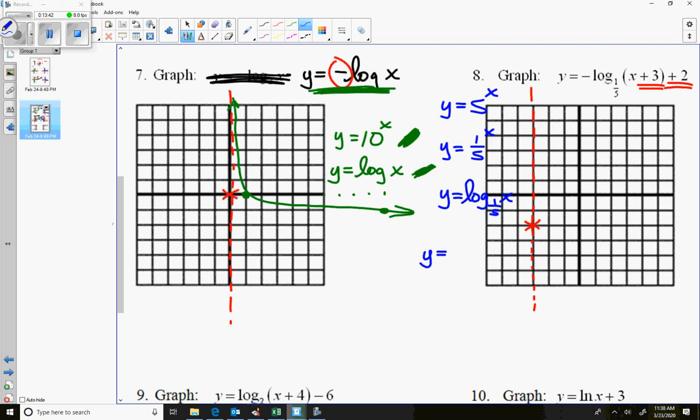That then takes us to y equals negative log base 1/5 of x. Lots of flips. If you so desire to do it this way. If you've got another way that works for you, do it. This is what I do. It is a bunch of flips, but it works for me. All right.